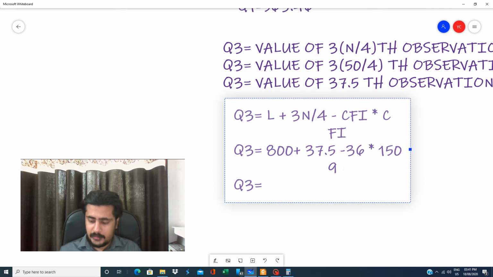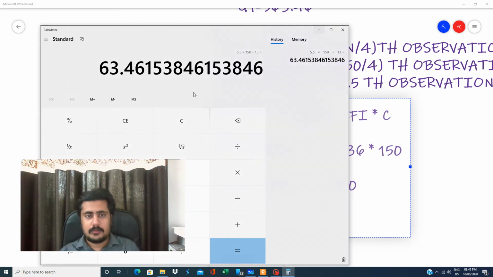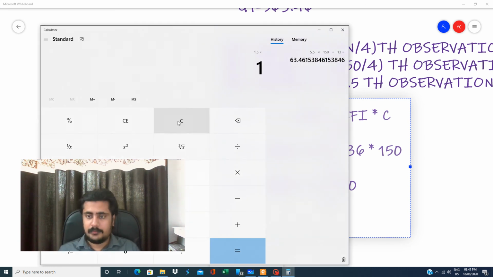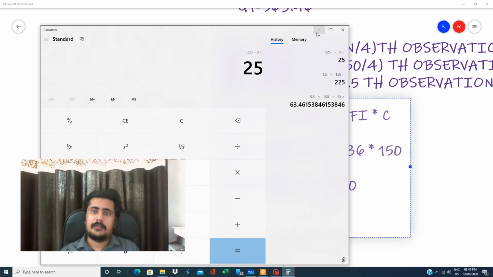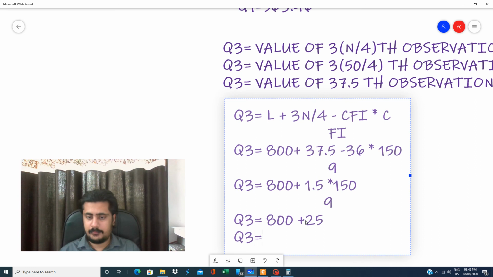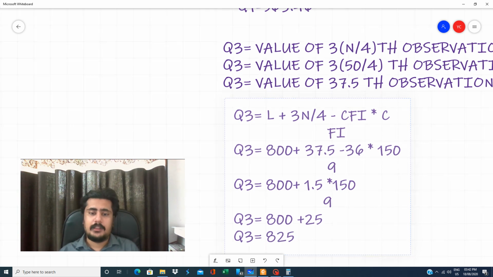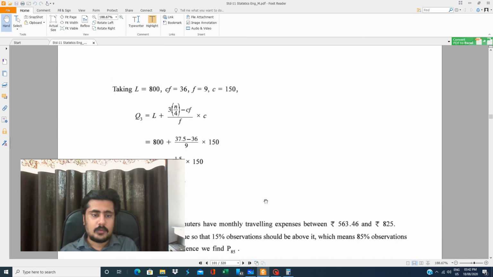So my Q3 is equal to 800 plus 37.5 minus 36, which is 1.5, into 150 upon 9. That is 25. So your Q3 is equal to 800 plus 25. It's 825.